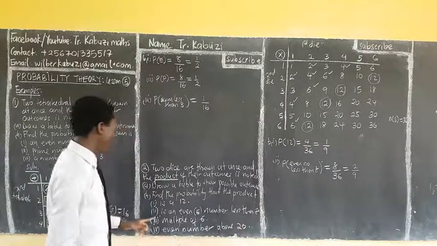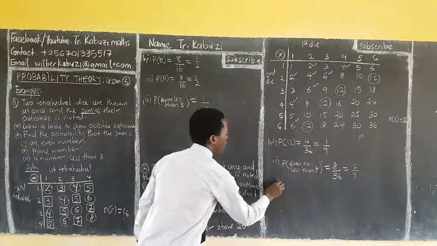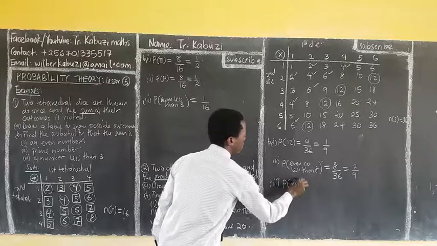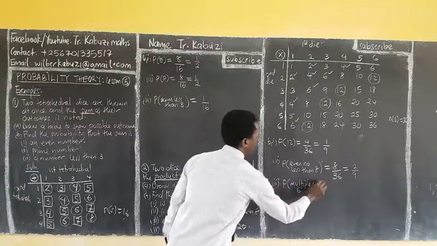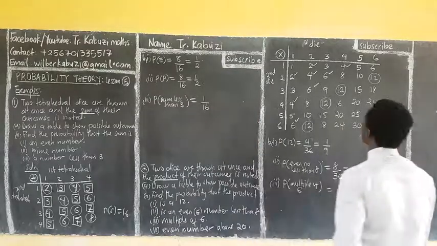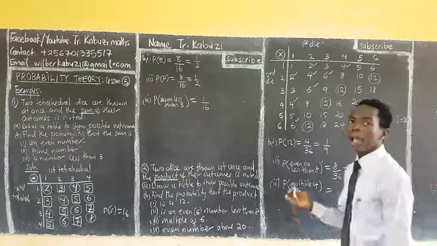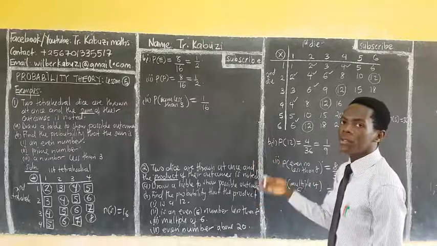Then number 3, a multiple of 6. Let us see how many are there. Multiples of 6: 1 times 6 is 6, 2 times 6 is 12.